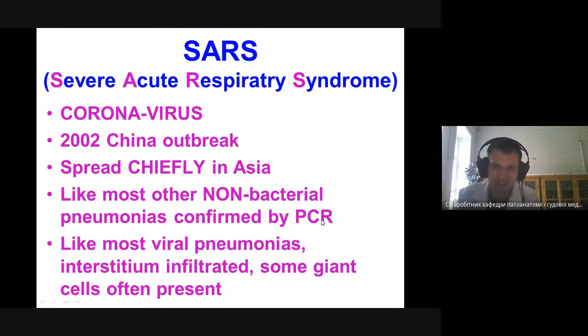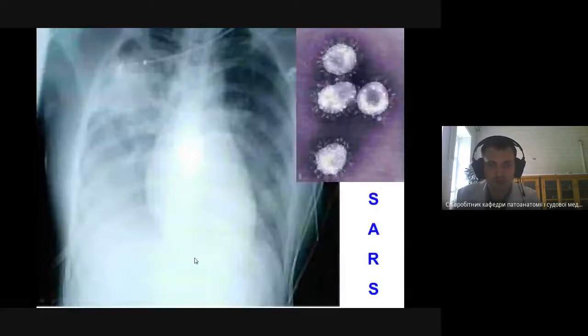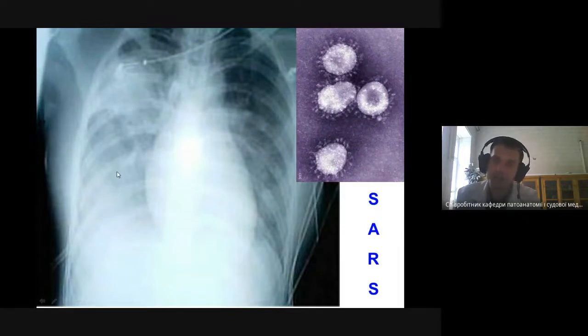You have seen that in the reports. Like most viral pneumonias, interstitium is infiltrated, and some giant cells are often present. So it's similar to what we see in influenza, to be honest. The damage is diffuse. So in all the parts of lungs, this virus was invading.